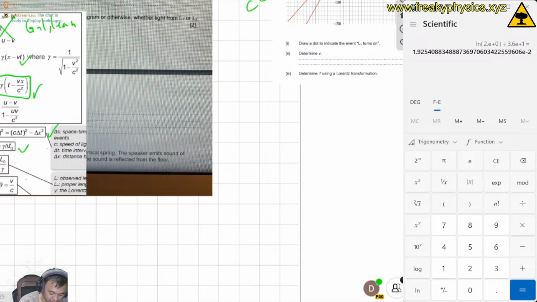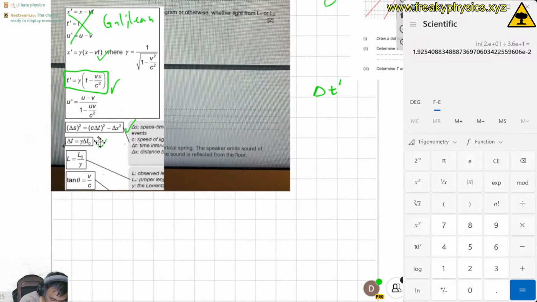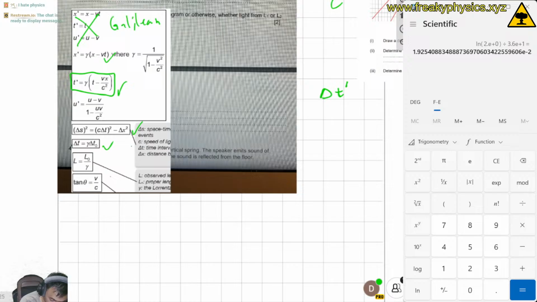The idea now is we're gonna look for the time difference. So instead of saying t, we're gonna say delta t prime. We will not follow this delta t in the equation because that's for a very specific case. So we will just use this.